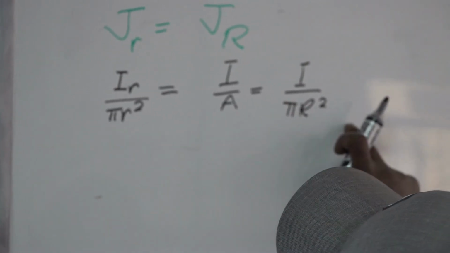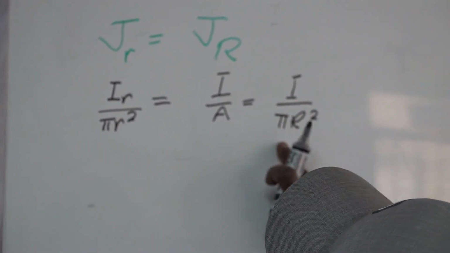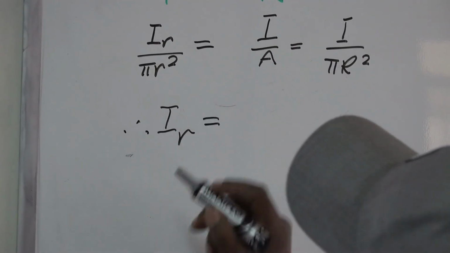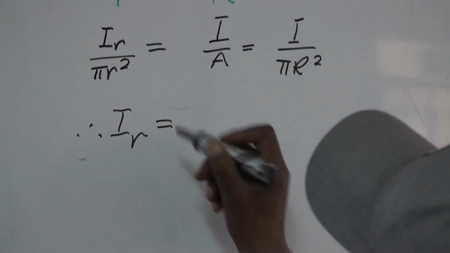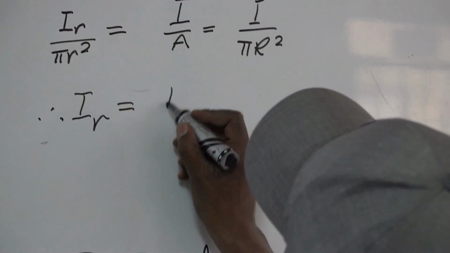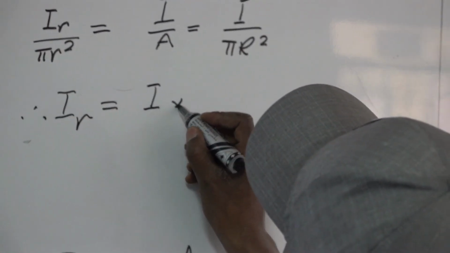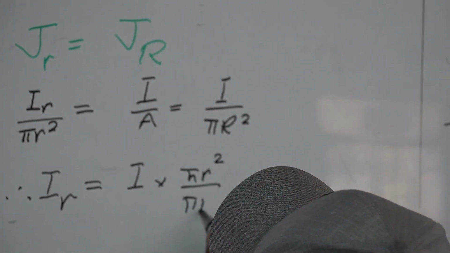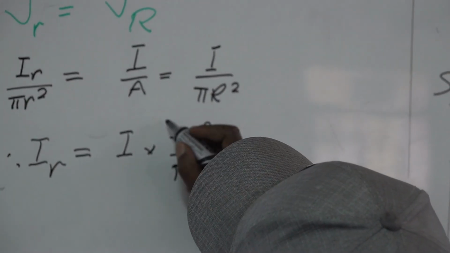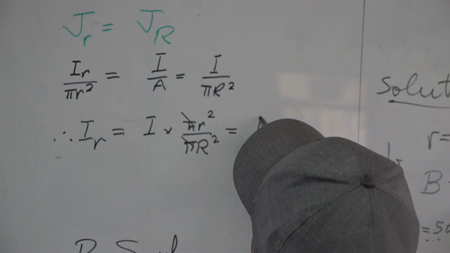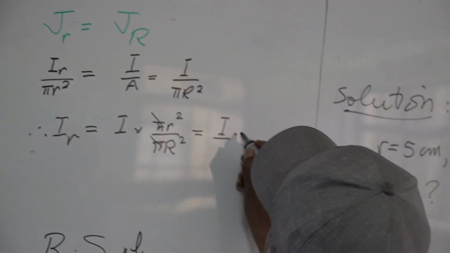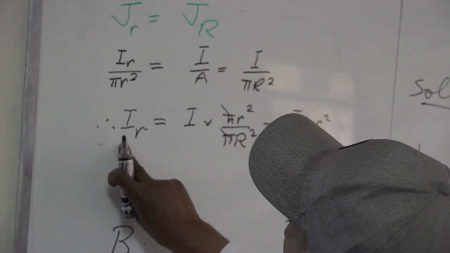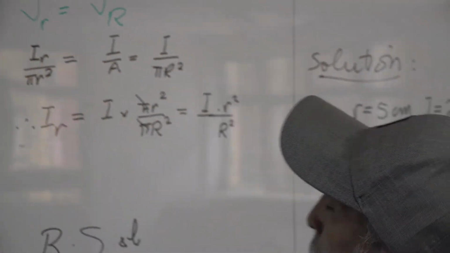So when you equate the two, you see, pi cancels pi, and therefore you get the small current I(r) within a smaller distance of small letter r is equal to I times pi r squared divided by pi R squared. Now you can see pi and pi cancel out, so we get the total current I times r squared divided by R squared. That gives you the current within some specified distance.